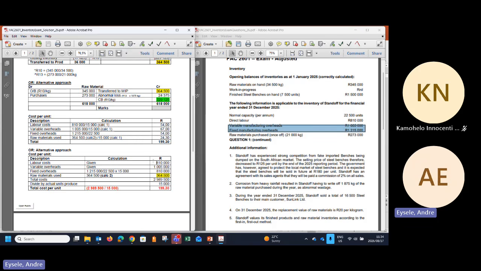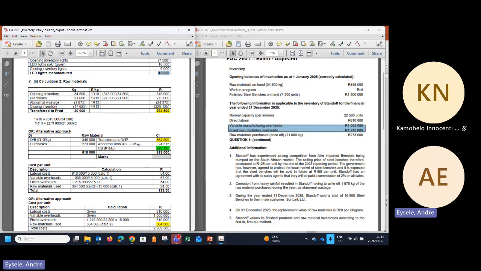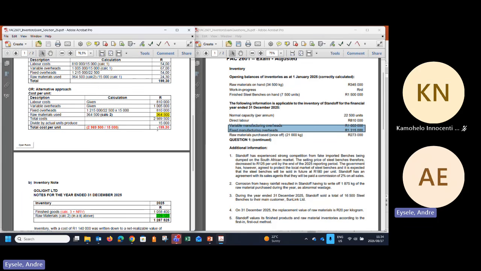All these costs, colleagues, are your conversion costs, to be able to calculate the total cost. After we've gotten the total cost, you divide it by 15,000 to get the cost per unit. So to make 15,000 benches, it costs you 199 Rand 30 per steel bench.